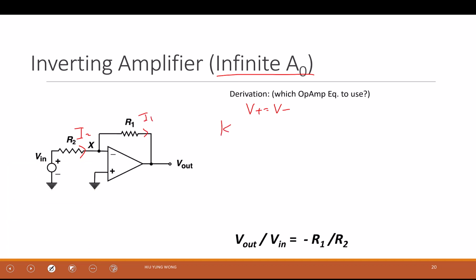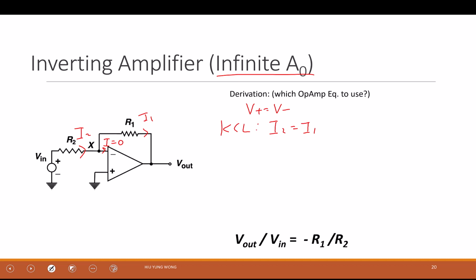So by KCL, what do I know? I2 equals I1, right? How about the current going into here? 0, because we assume it is ideal. So whenever you do something, you need to ask yourself, is this correct?